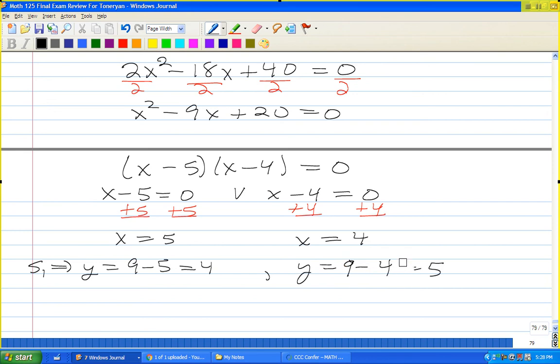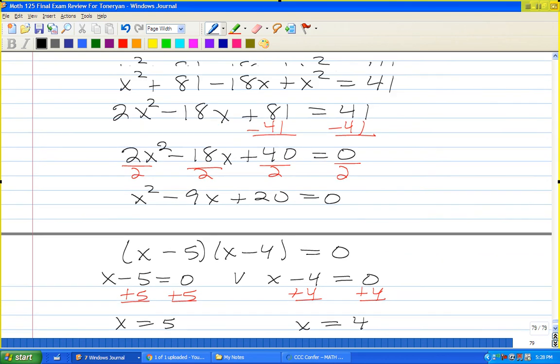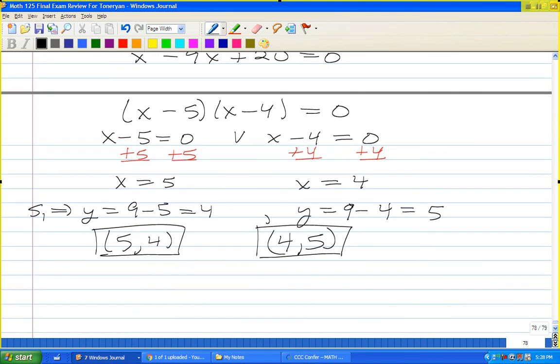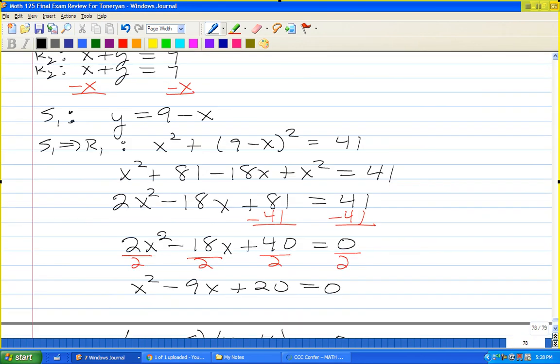And so I have two solutions, (5, 4) and (4, 5). Okay, so let me do problem 103.